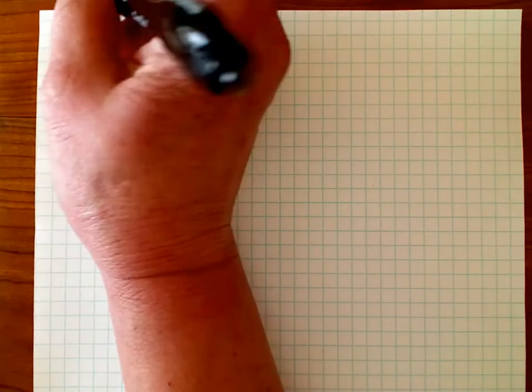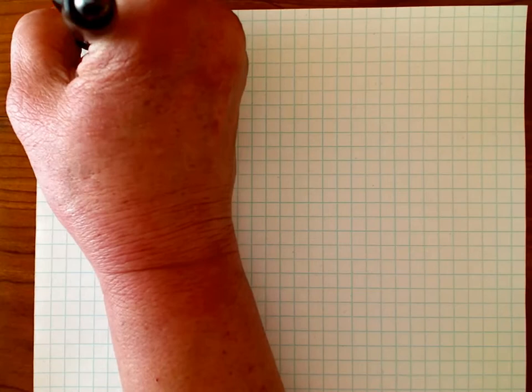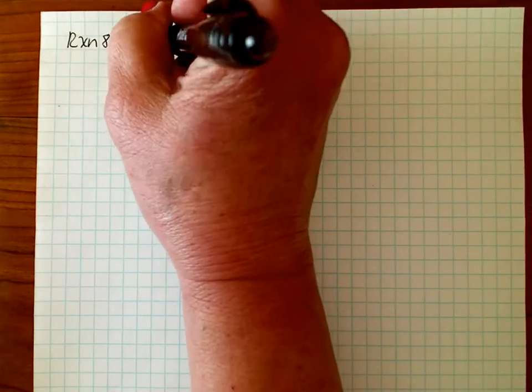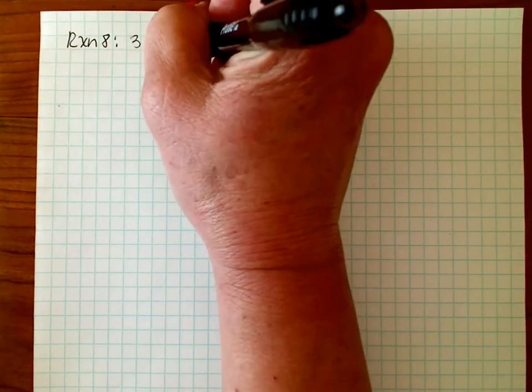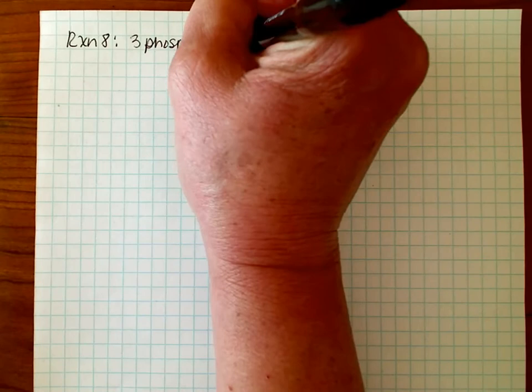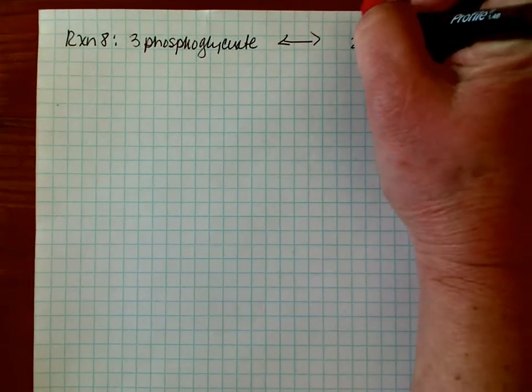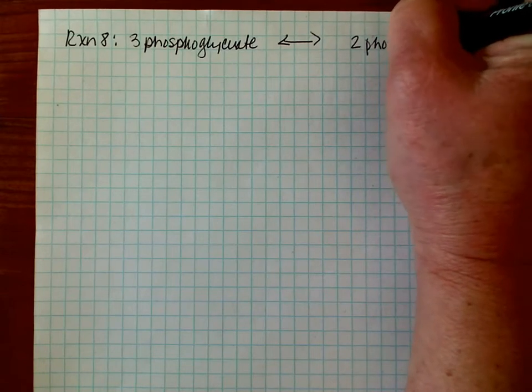So reaction 8. We have our 3-phosphoglycerate, and this gets converted to 2-phosphoglycerate.